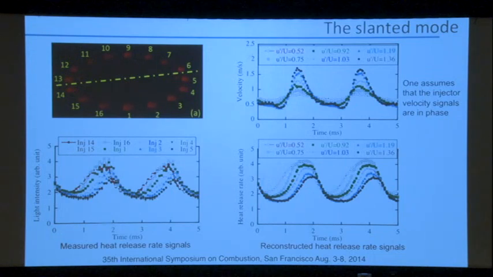So basically, you reconstruct something which is very close to what you measure here. This is reconstructed by assuming this. You reconstruct that using the describing function, and you get something which looks like that. So the slanted mode can be explained because of these nonlinear effects. It's very unusual to have something like that.